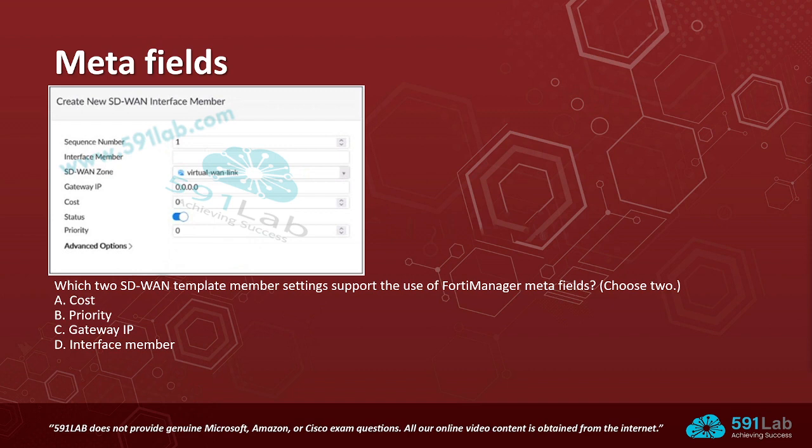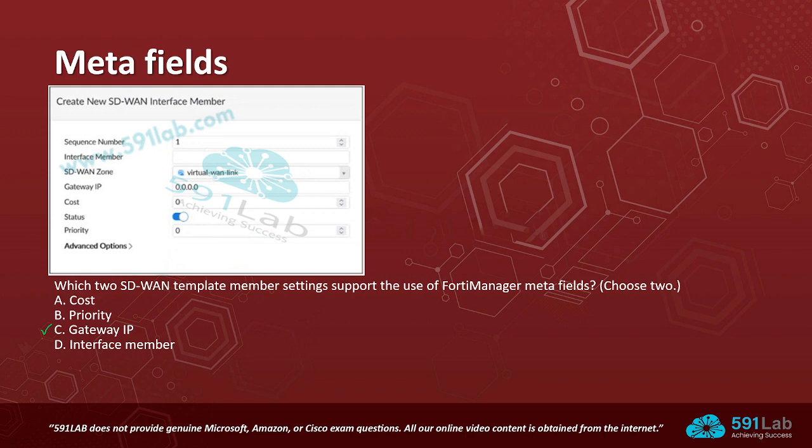And as we see there, we have four options. The first one is the cost, the second one is the priority, the third one is the gateway IP, and the last is the interface member. Our best options there are the gateway IP because that is something particular of the device that you can use and will help you.